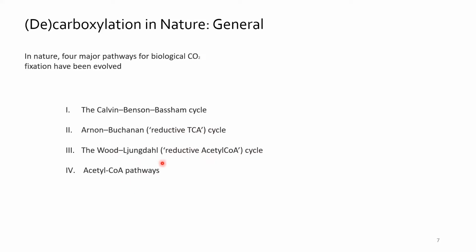I just want to mention them. I won't talk about them now. Just to mention that the enzymes which occur in these cycles are part of the primary metabolism, which means that these enzymes usually show a quite narrow substrate scope, so they are not that feasible for biocatalytic applications.